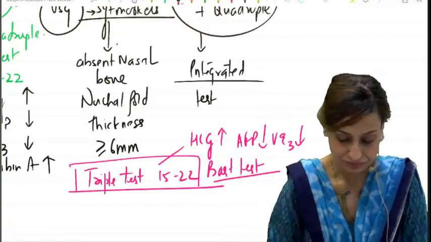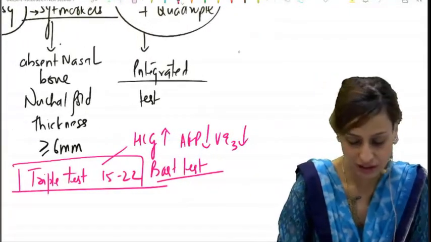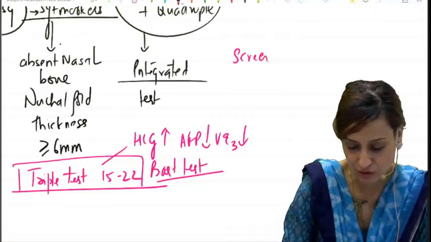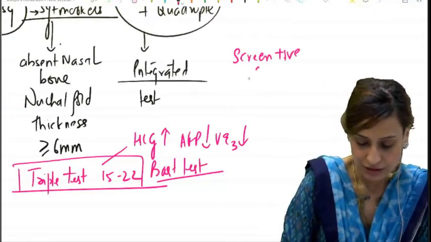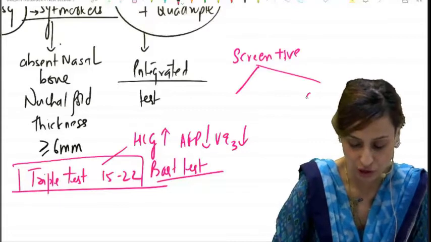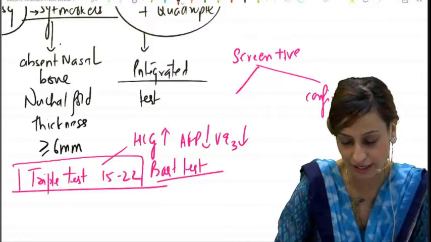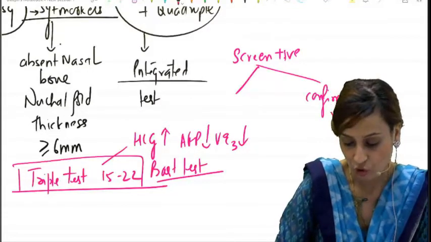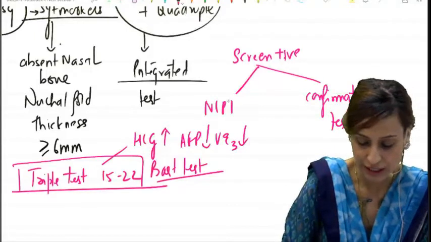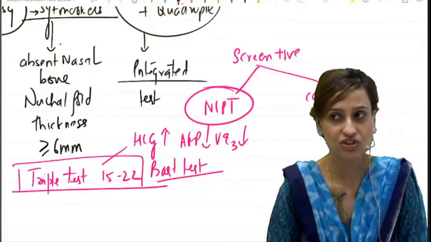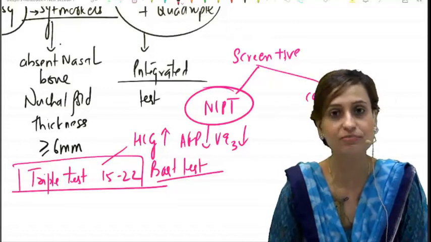Okay? And please remember, anybody who turns out to be screen positive can either go for a confirmatory test, which is karyotyping, or can also go for NIPT, which is nothing but the non-invasive prenatal test.